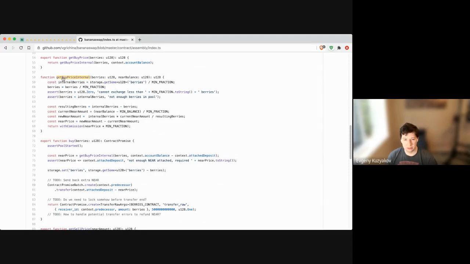Buy internal takes the amount of berries it has locally remembered from the storage and divides it by 10 to the power of 12. The precision of the banana token is 10 to the power of 18, so this brings it to the order of a million per one banana token.